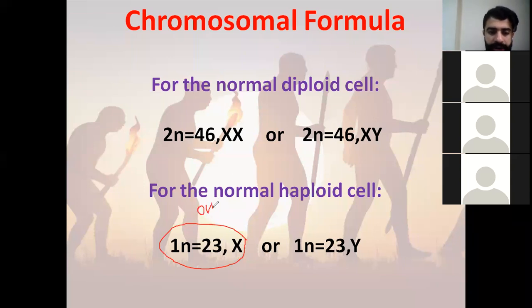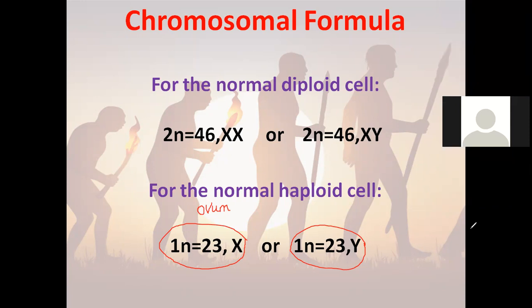Okay, great. So what do you think about 1n equals 23, comma, Y? It comes from where? I need new hands. Joel, what do you think? 1n equals 23, and it gives sex chromosome Y. So it belongs to a male gamete or a female gamete?